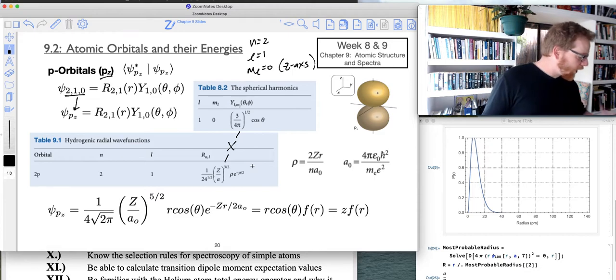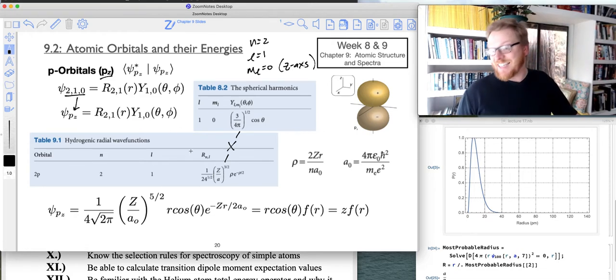So what's also pretty cool, what I'm going to remind you, the reason why we really like to adopt this PZ nomenclature, not only because ML equals 0 is special to the z-axis, but also if you recall, that when we do a Cartesian coordinate transformation, z equals r cosine of theta.